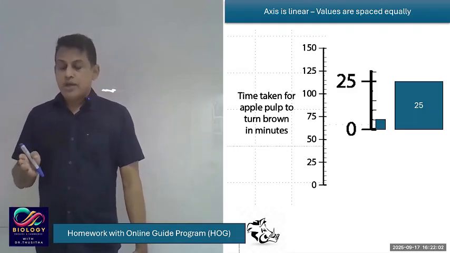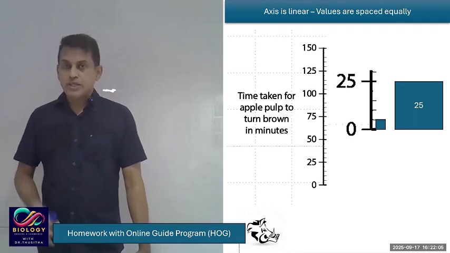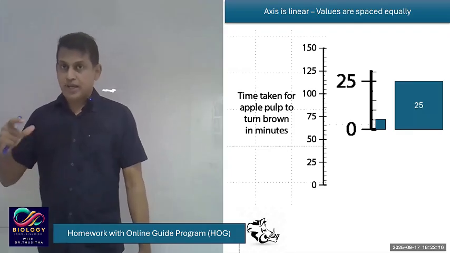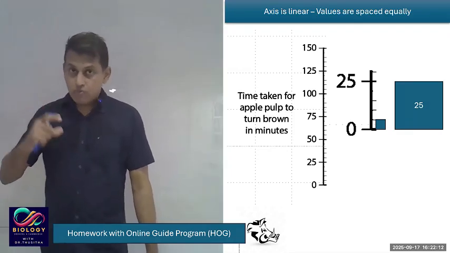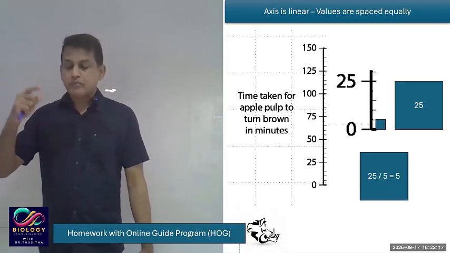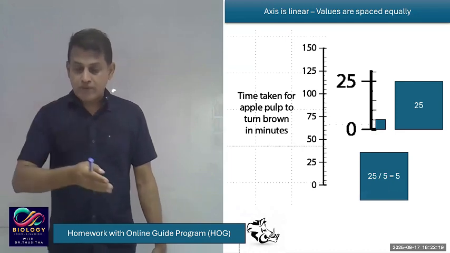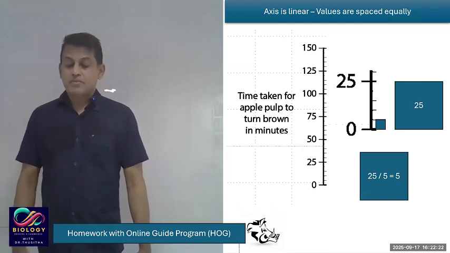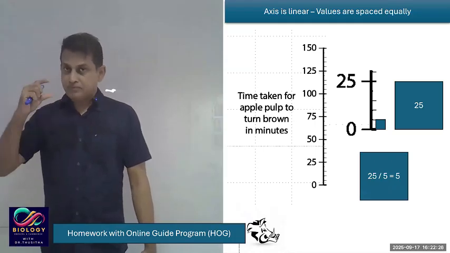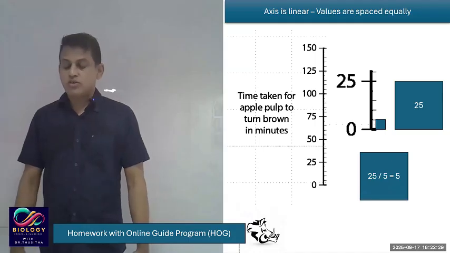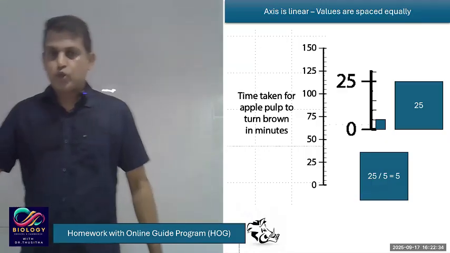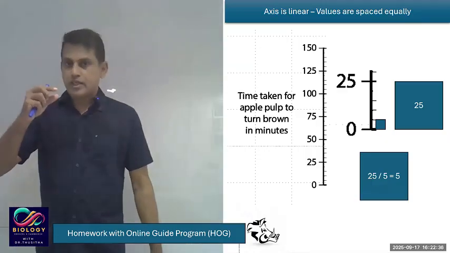Now what we do, we count how many small squares are within this 25 minutes or 25 values. How do you do that? 25 divided by 5, because you can see 5 small squares make 25. So 25 divided by 5 small squares, you get 5, right? That means the small square value is 5.